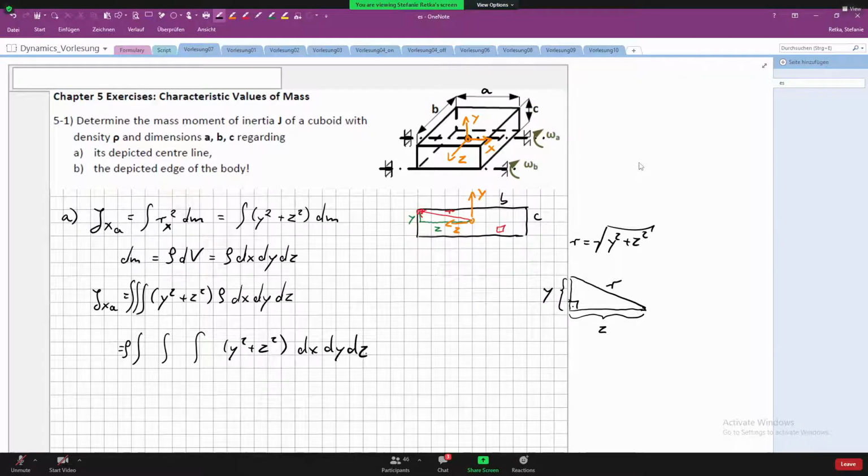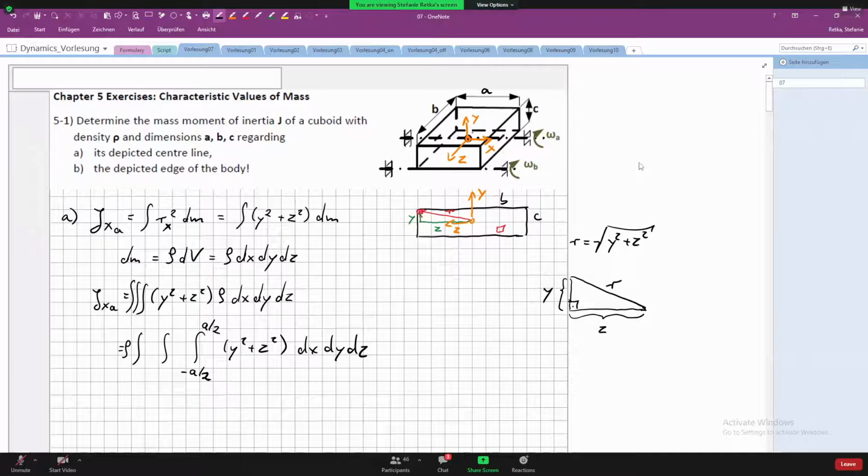Our inner integral is the integration over the x coordinate, and x runs from minus a over 2 to a over 2, according to our coordinate system that I drew in the figure.